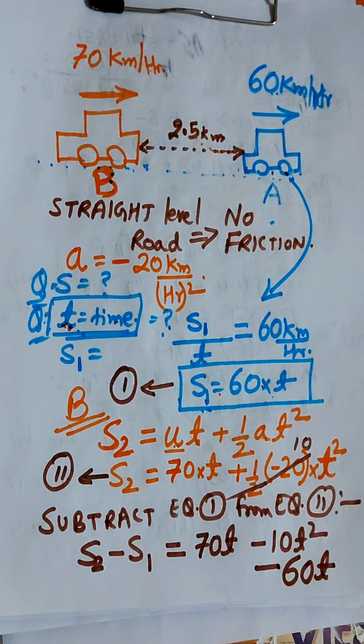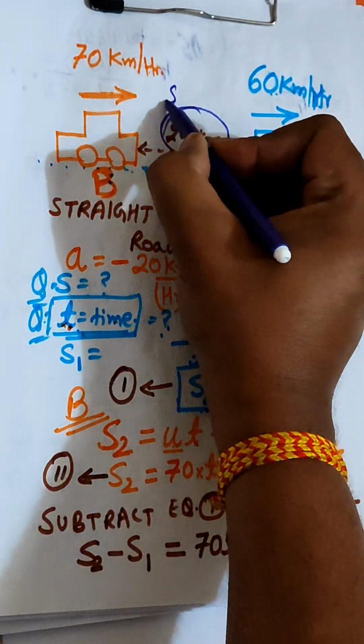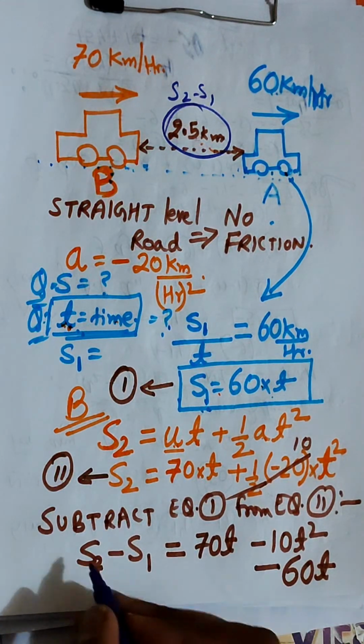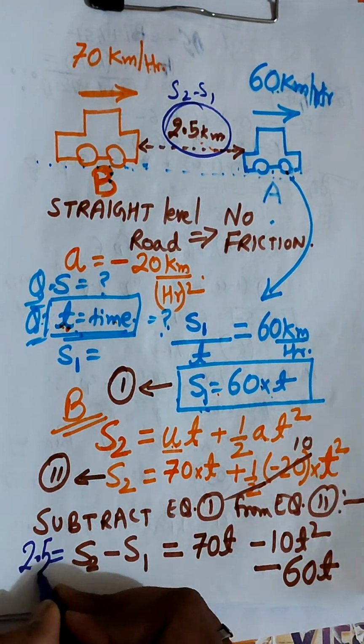But students, mind it, this value s2 minus s1 is given to you as 2.5 kilometer. Now just put the value of this as 2.5.